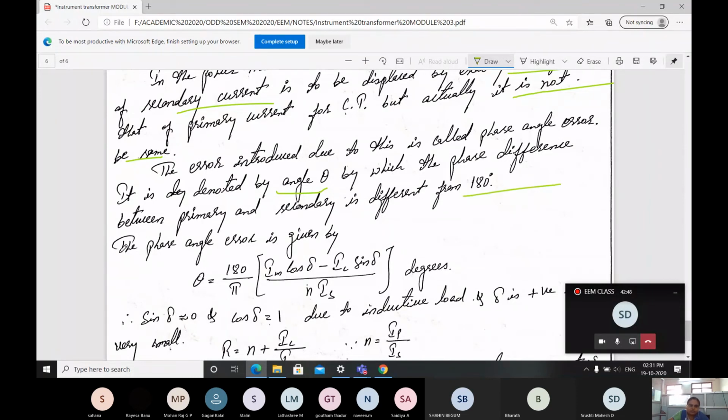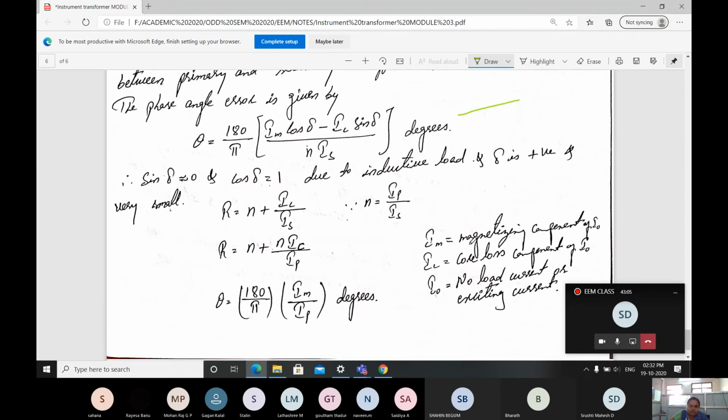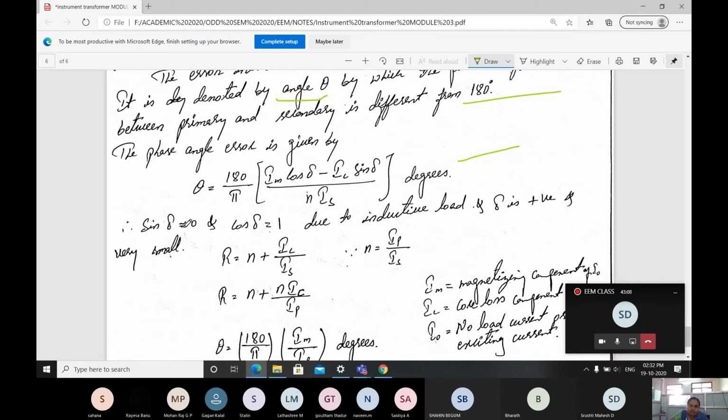Therefore, the phase angle error theta is equal to 180 divided by pi into (Im cos delta minus Ic sin delta) divided by n Is, in degrees. Sin delta is nearly equal to 0 and cos delta is equal to 1, depending on the load, that is, if an inductive load is connected and delta is positive and very small.